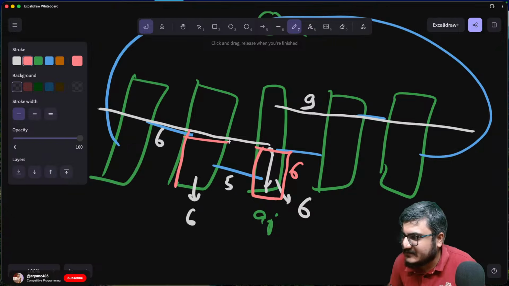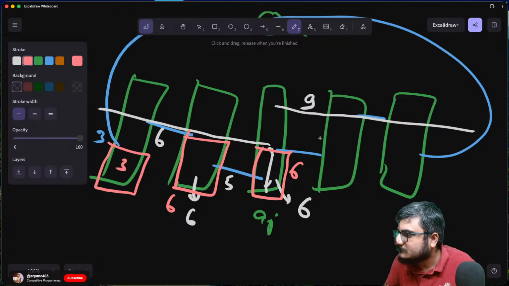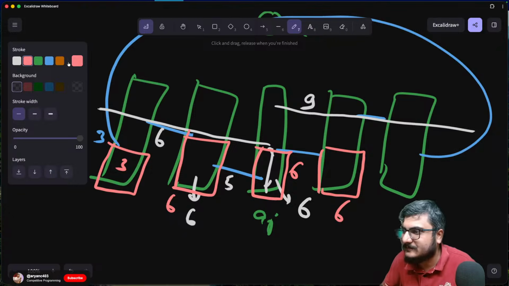Water up to 6 height here. Let's say this is at 3. Water up to height 3 here. Here also water up to 6. And let's say this is 4.